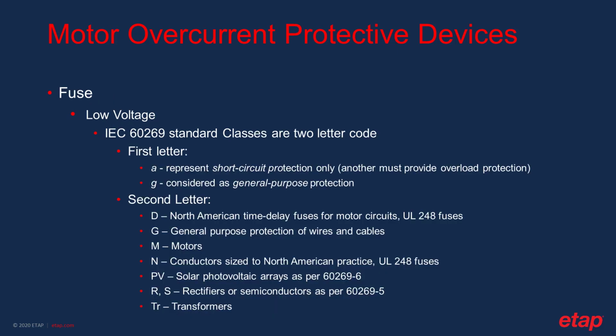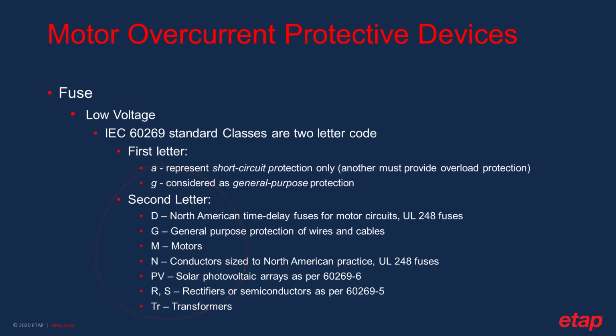For the IEC, we have a different standard, 60269. The IEC is representing the fuse by two letter code. The first letter is representing either it's a short circuit protection only or it is a general purpose protection. And the second letter is representing the most practical application.